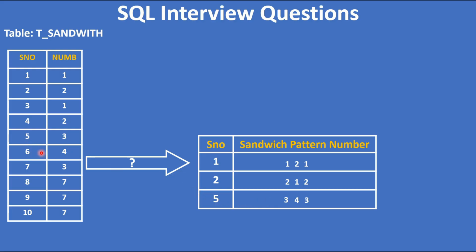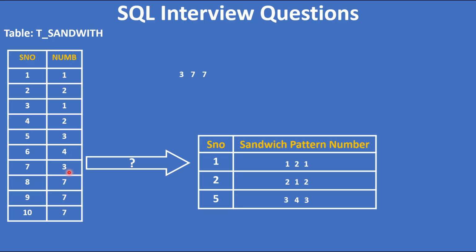Next we'll see serial number 6. That means it will start from 4 3 7. Yeah, 437. This is not a sandwich pattern number, so ignoring this one. Next, 3 7 7.